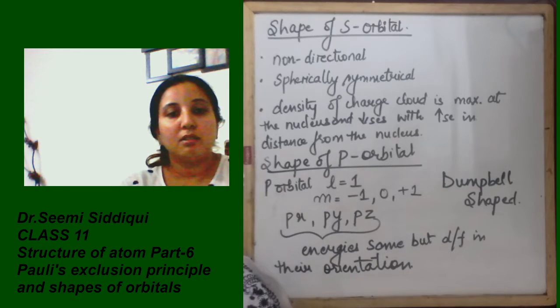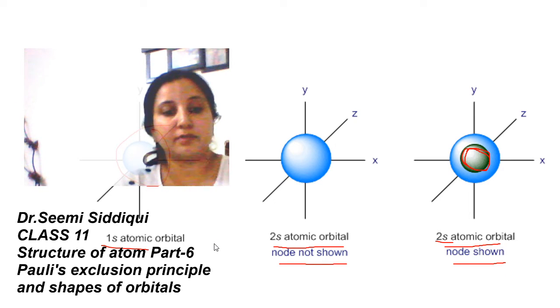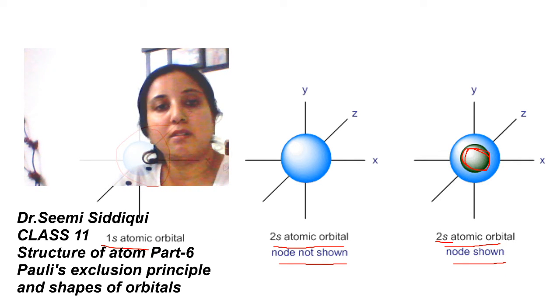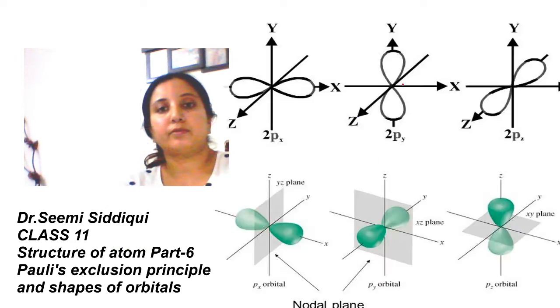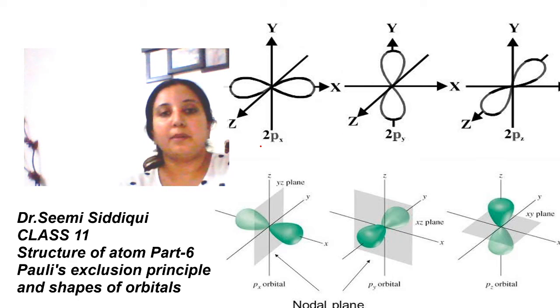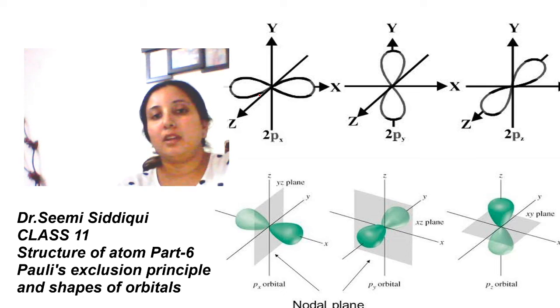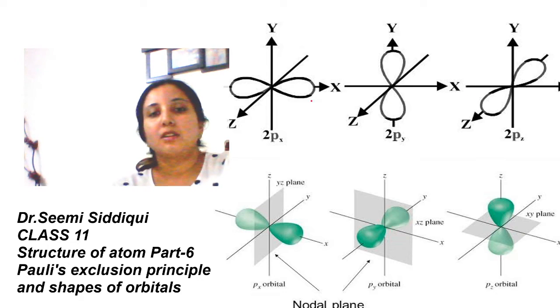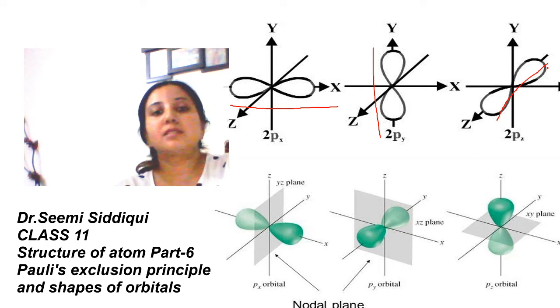Let's look at the p orbitals. Now if you look over here, first of all, looking at all the three diagrams, we have different axes, but we have the same shape. In the first one, it is drawn along the x axis, the second one along the y axis, and the third one along the z axis.